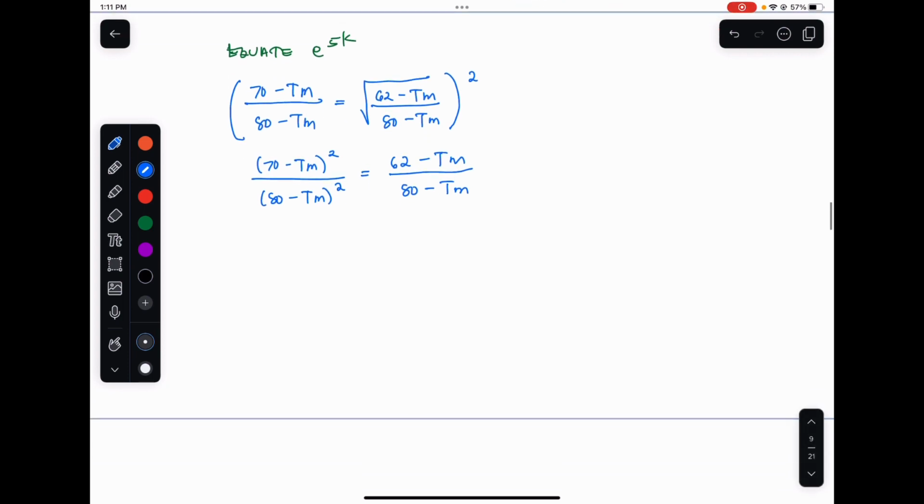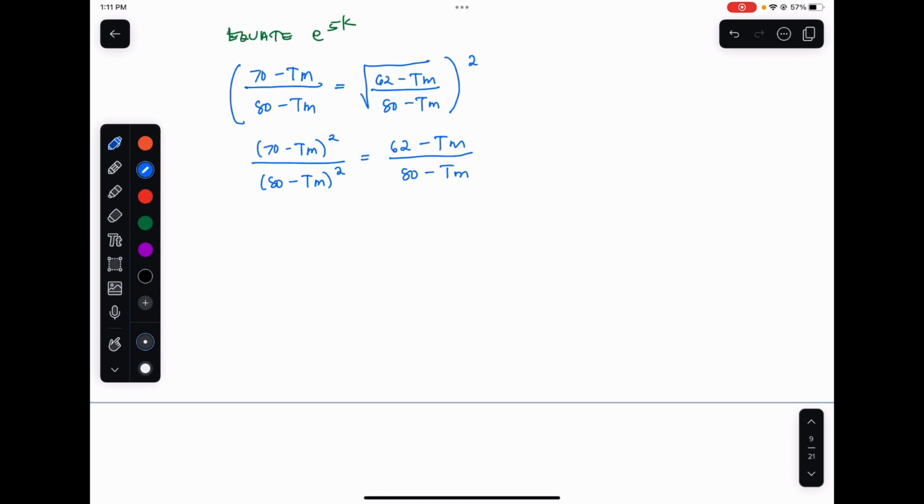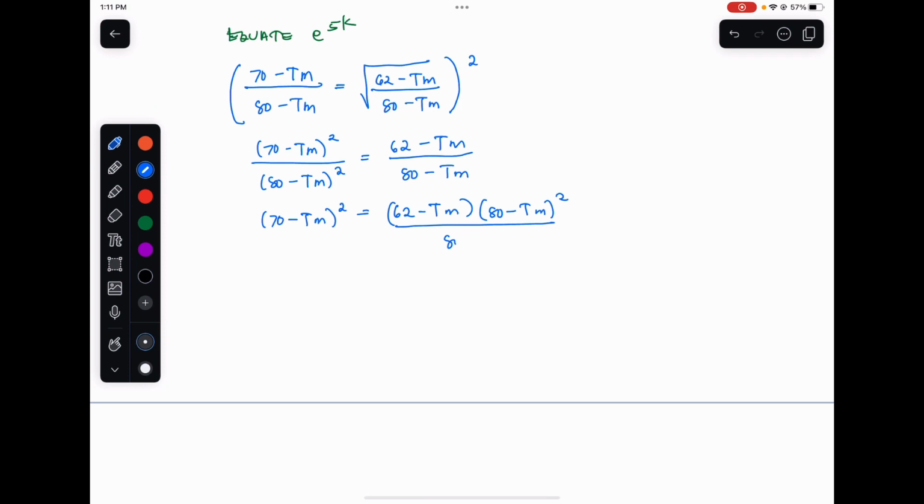Thus, if I cross multiply this, that would make it 70 minus t sub m raised to 2 times 80 minus t sub m, equals 62 minus t sub m times 80 minus t sub m squared. As you can see, these two are the same, the only difference is there's still an exponent of 1 for the numerator.